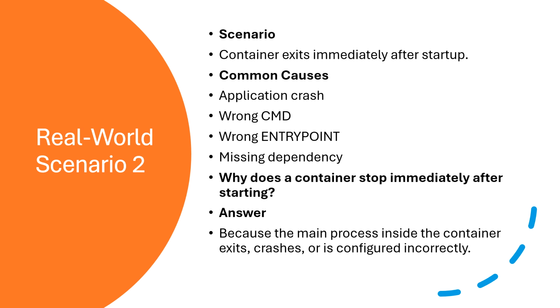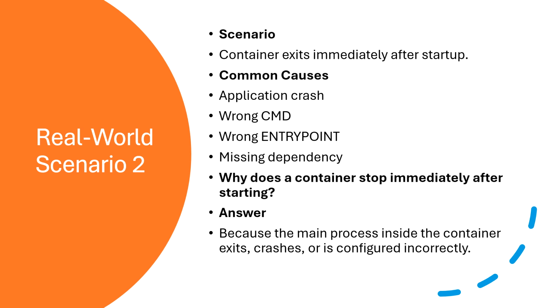A second scenario-based question they might ask: the container exits immediately after startup. Why does that happen? The most common reasons for a container to exit are that the application is crashing, there are wrong instructions, there is a wrong entry point, or there are missing dependencies.